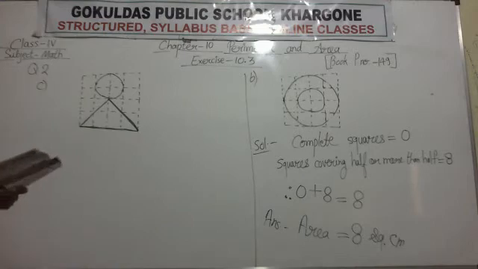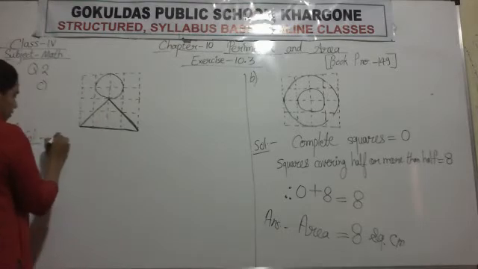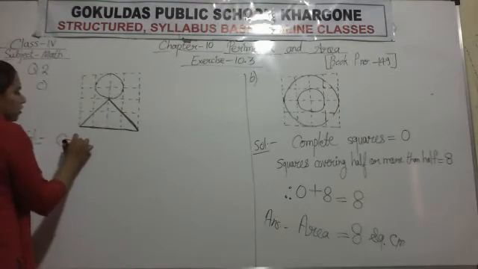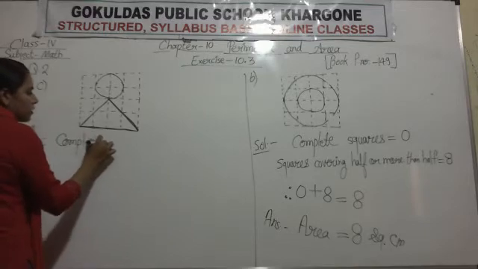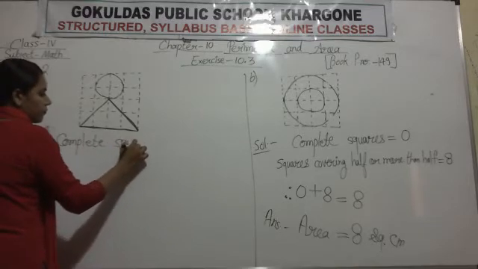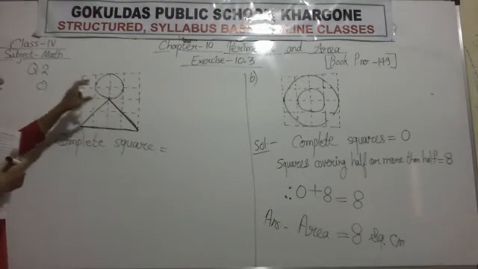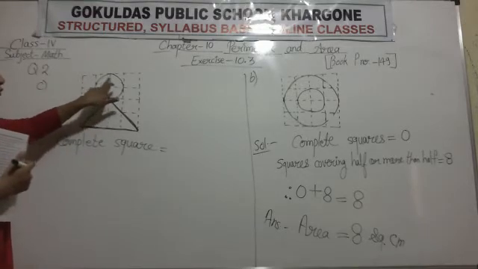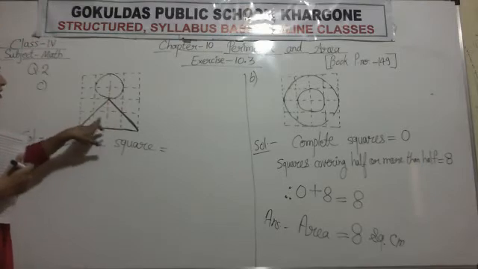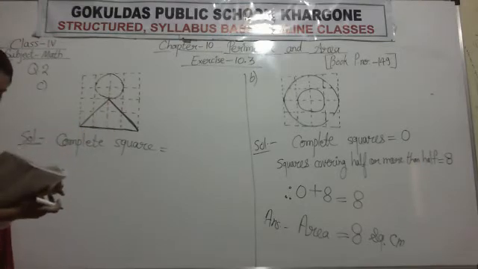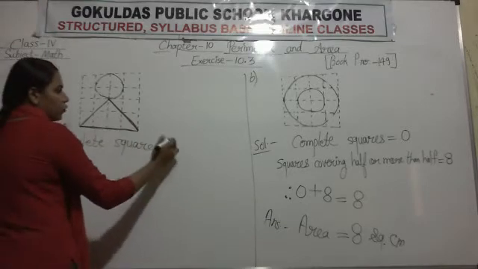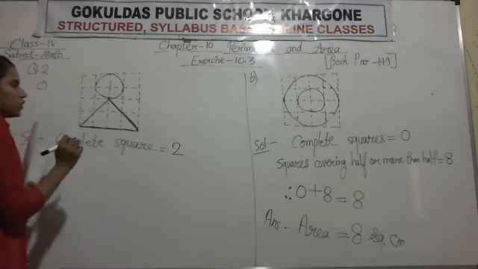A figure is given like this, right? We want to find the area inside the figure. First of all we will count the complete squares inside the boundary. Here the number of complete squares is 0, right? But here the number of complete squares is 2, 1 and 2. So I am writing 2 complete squares.